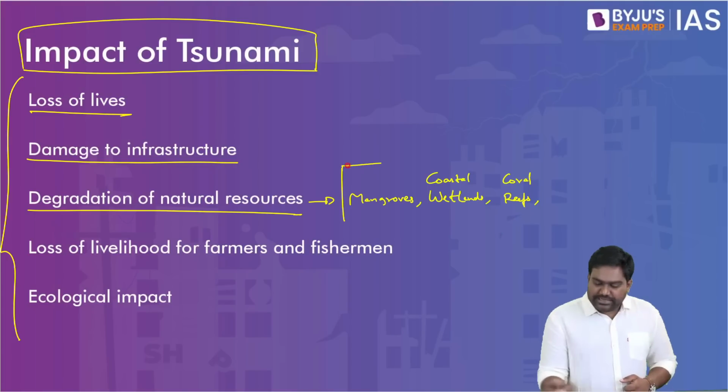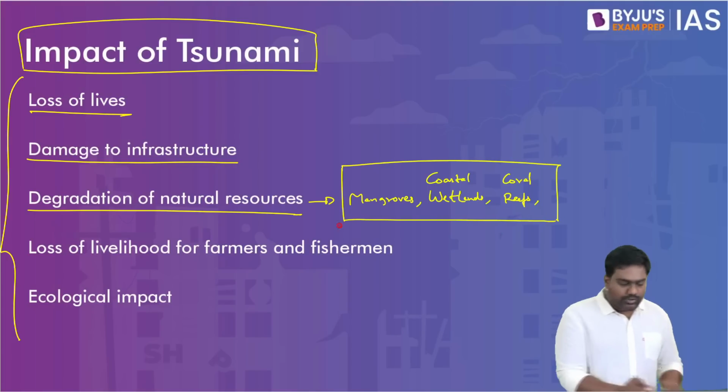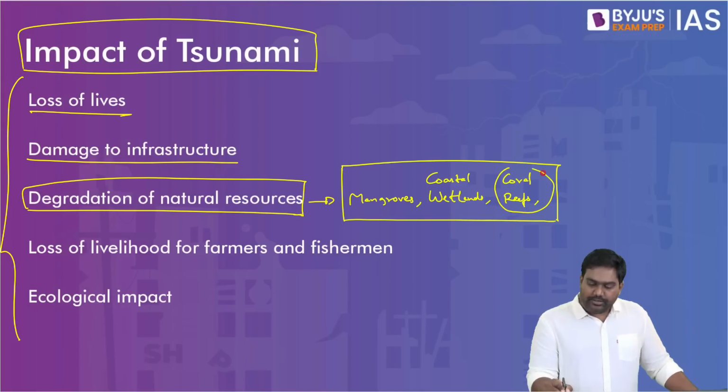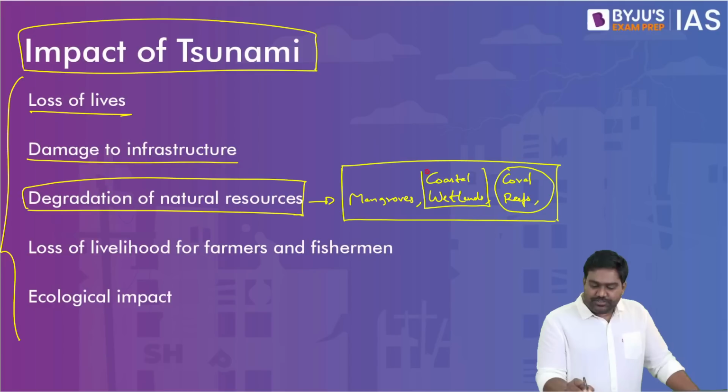They all suffer extensive damage during a tsunami. Coral reefs could be destroyed, so marine life also takes a hit. Coastal wetlands will become flooded with saline water and also with debris and waste that the sea brings inside.